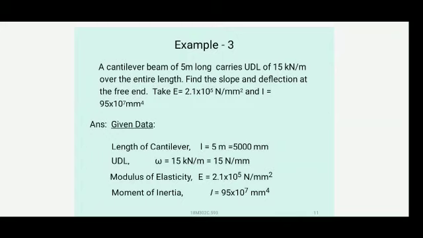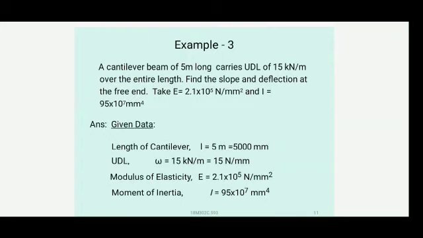Given data: the length of the cantilever L is equal to 5 meters, that is 5000 mm. UDL is given, W is equal to 15 kilonewton per meter, that is 15 Newton per mm.